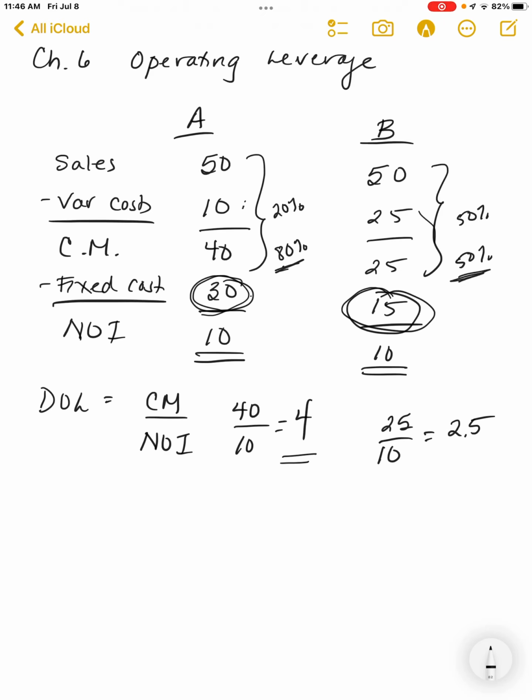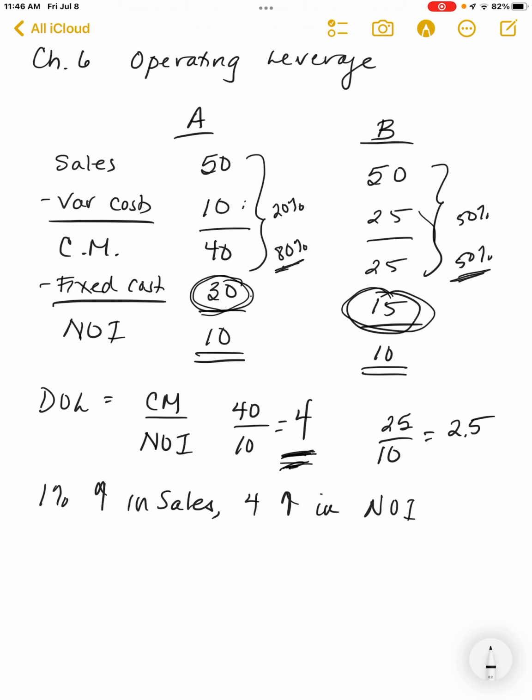Whereas for firm B, only 50 cents on the dollar is going to go to net operating income. So while this number indicates that this is more risky, they have a higher upside as well. So what this number tells us, the 4 and the 2.5, is that for every 1% increase in sales, they're going to have this number increase in NOI.